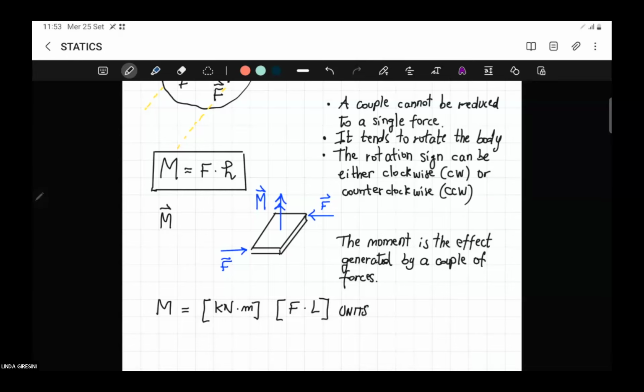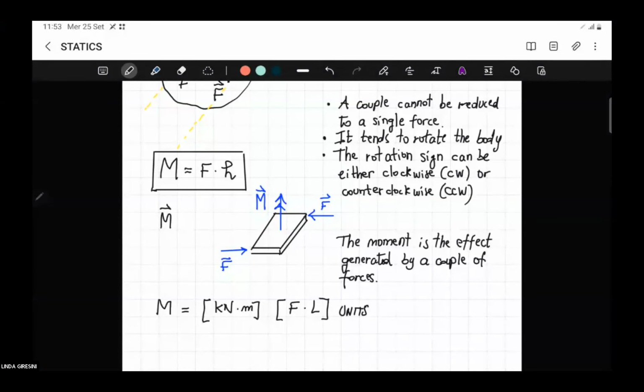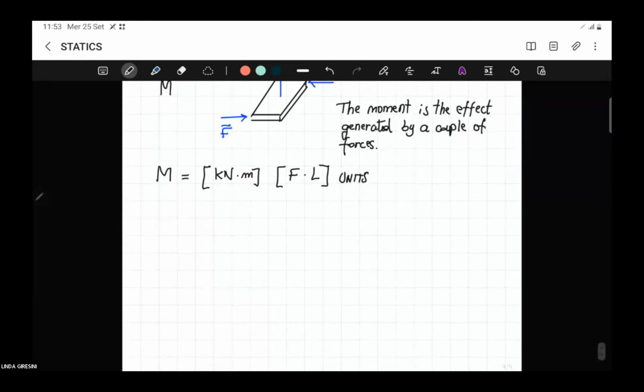As I said yesterday, we will use the international unit system. Okay? So the moments have particular properties, let's say.